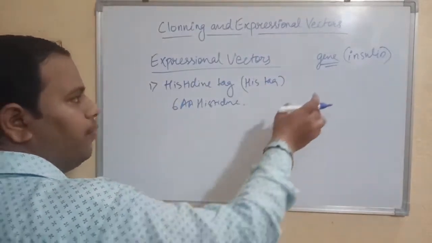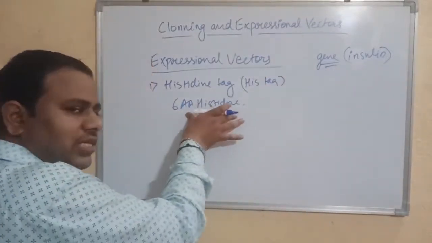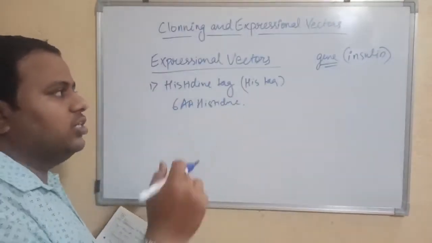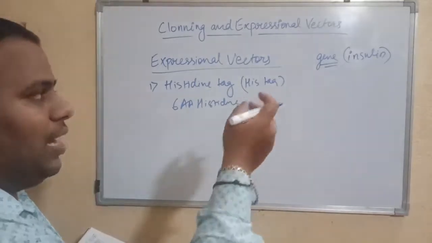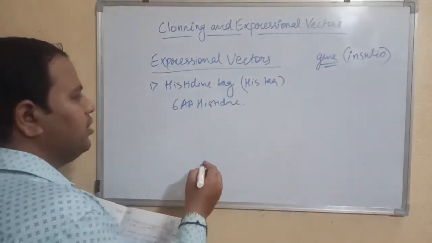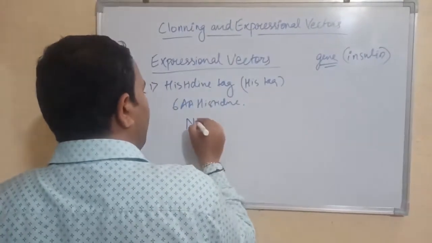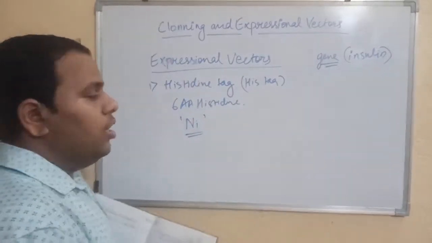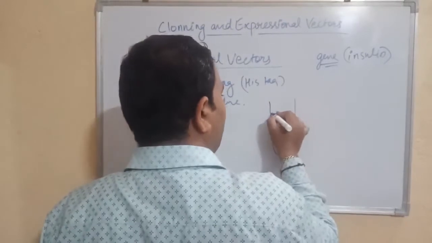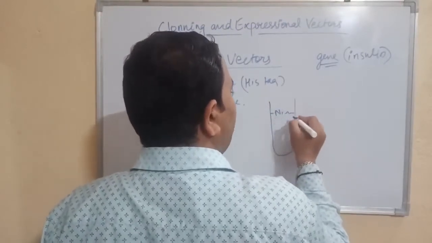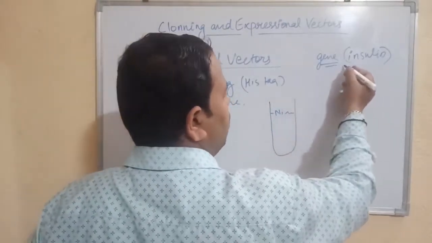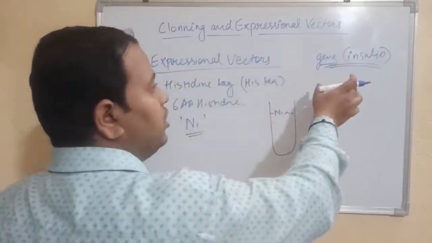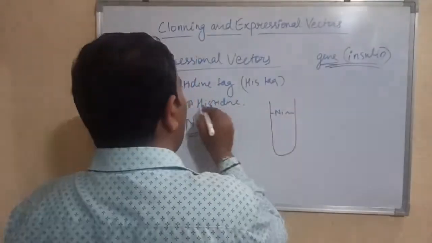So our target gene will be expressed along with this histidine tag. Now when we are going to purify the recombinant insulin, the example that we are taking here, this histidine has a high affinity towards heavy metals such as nickel. Nickel is attached in the column matrix. Our gene, that is insulin, will be produced in the polypeptide form, and it will have histidine with it.